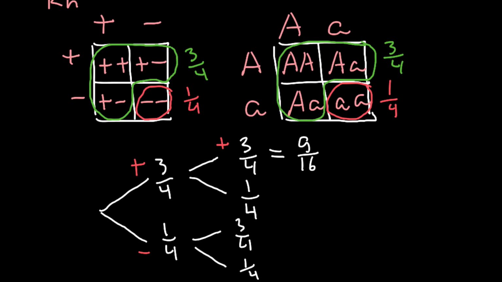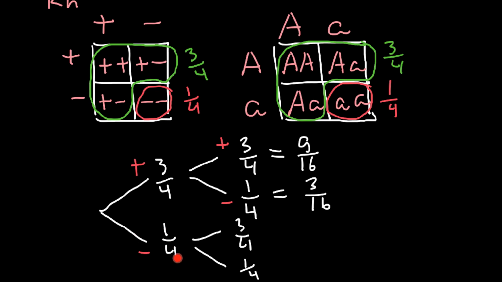To find how many would be Rh positive but unable to produce insulin, we multiply 3/4 by 1/4, and the answer is 3 out of 16.